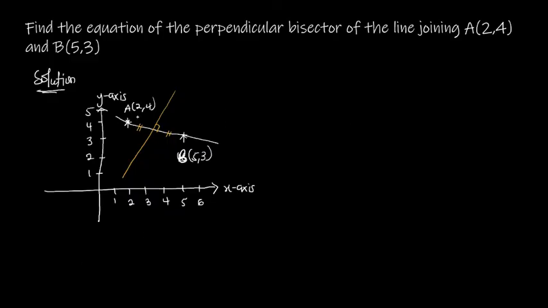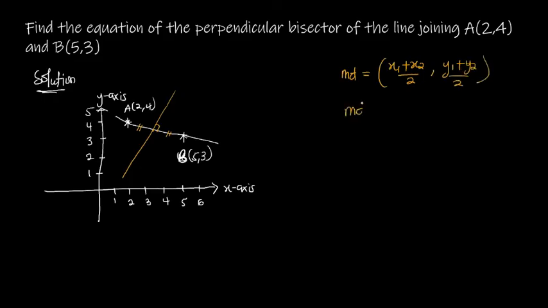Alright, so now that we have this, the first thing we need to do is find the midpoint. Our midpoint M is equal to (x1 plus x2 on 2, y1 plus y2 on 2).